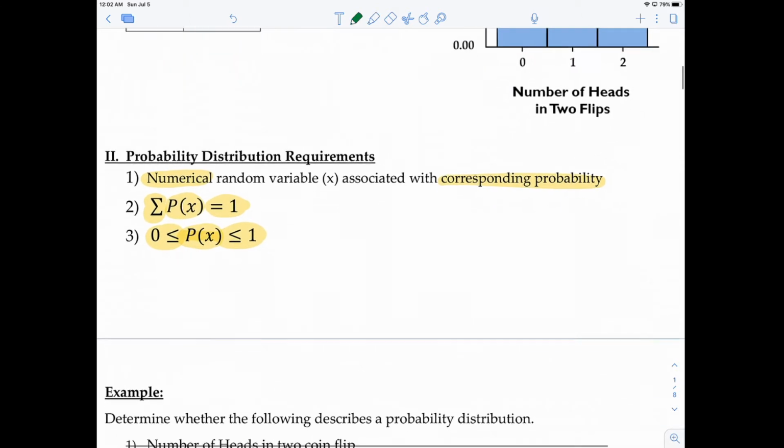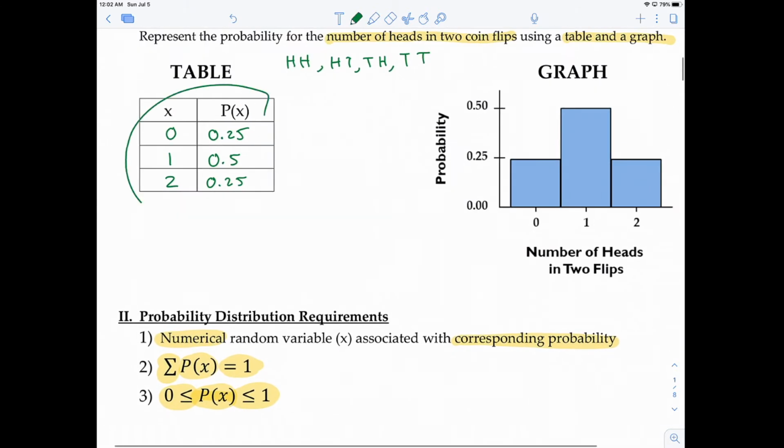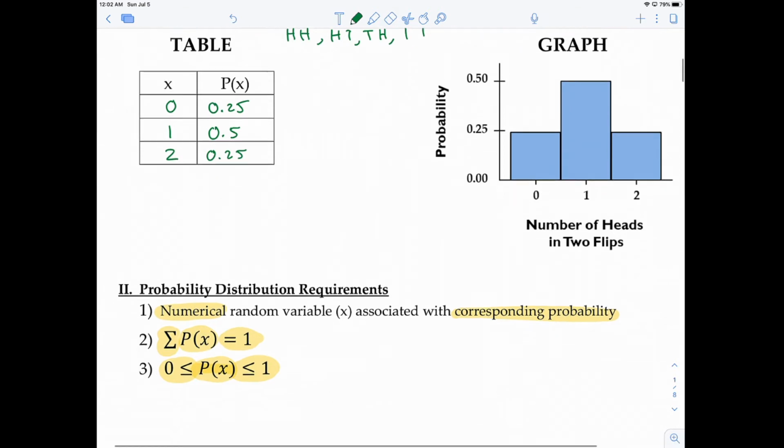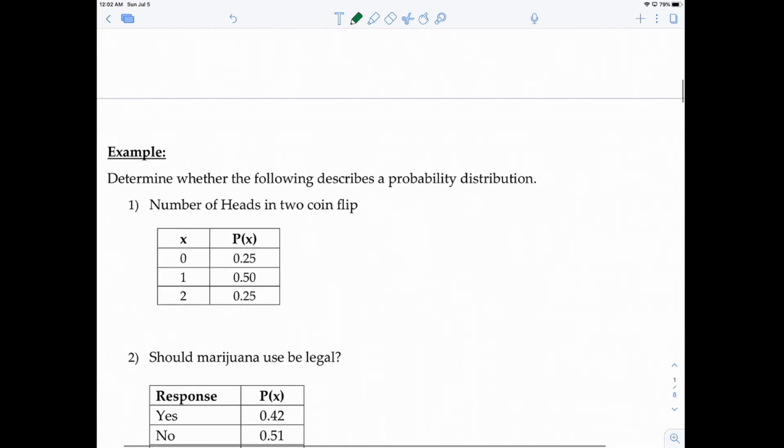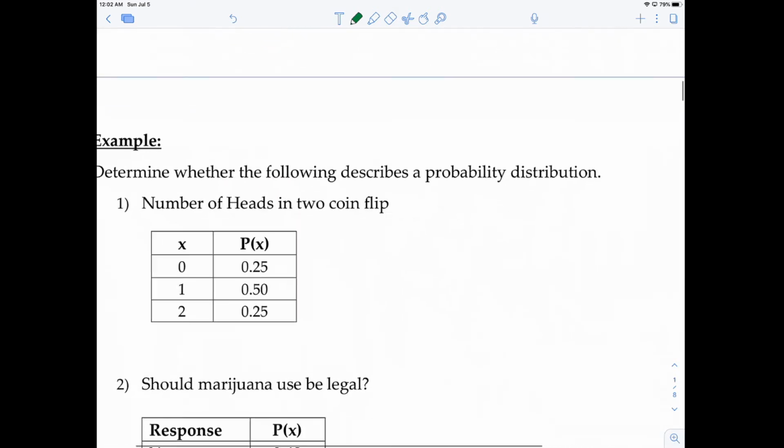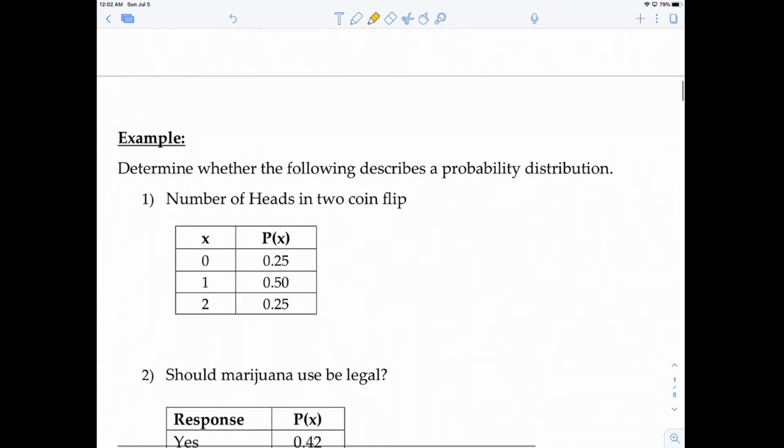Okay, let's look back at this example to confirm that it meets those 3 requirements. Determine whether the following describes a probability distribution: the number of heads in 2 coin flips. Requirement number 1 says that x is numerical. That's the main thing to take from the first requirement, since we know there are probabilities associated.